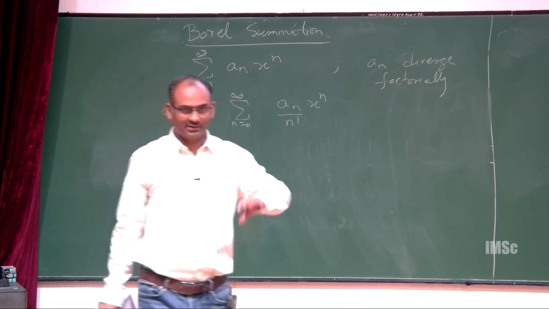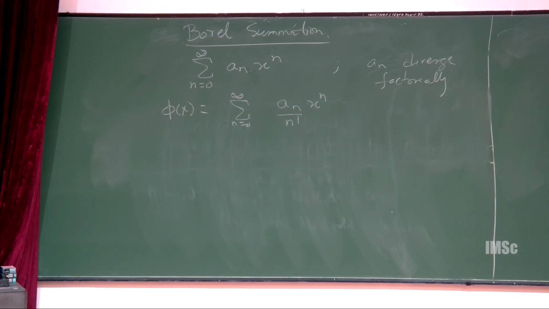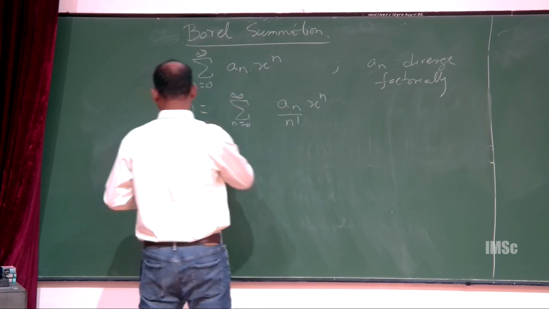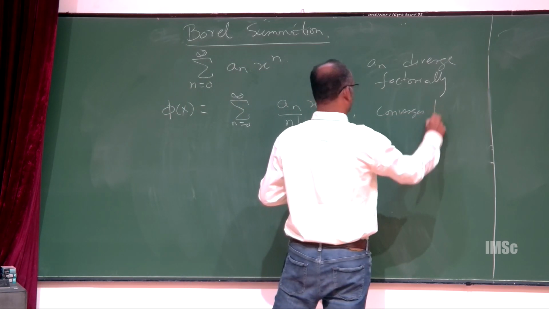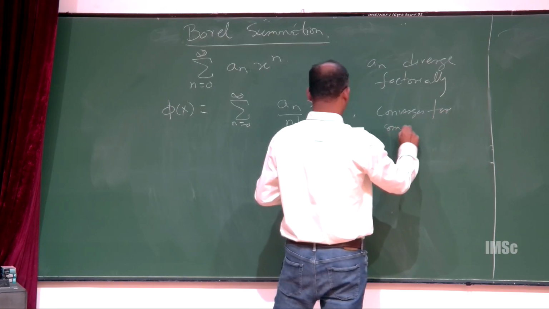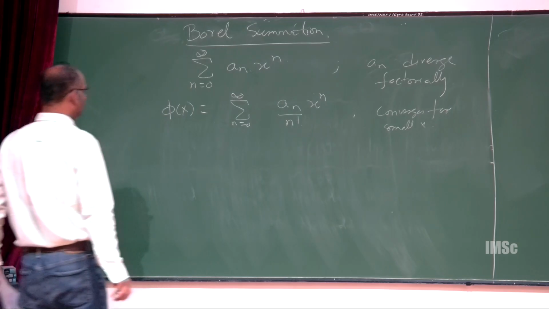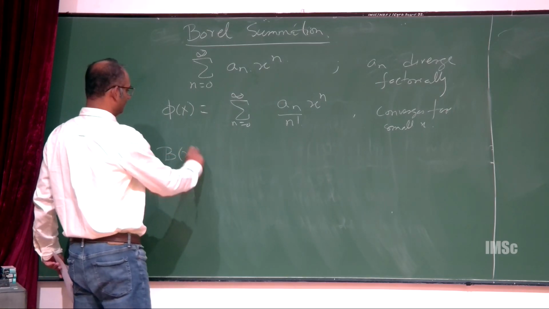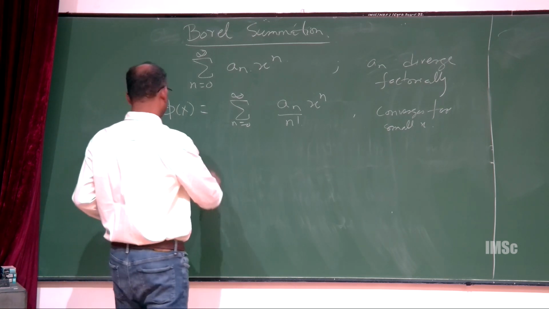Suppose it so happens that for small values of x, this series is convergent. Then this exists. So suppose this converges for small x. Now let's define an integral, which will be a function of x.